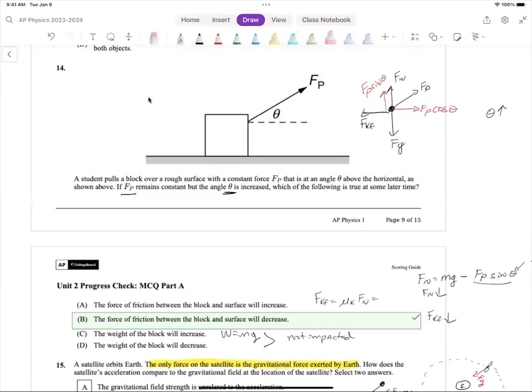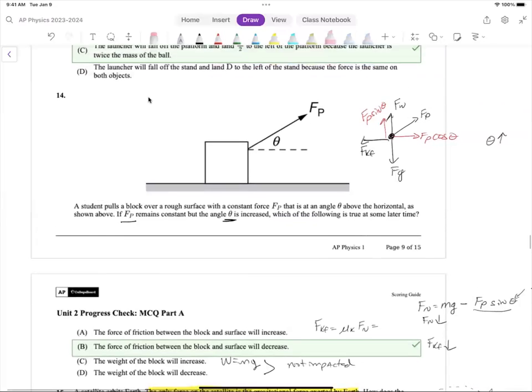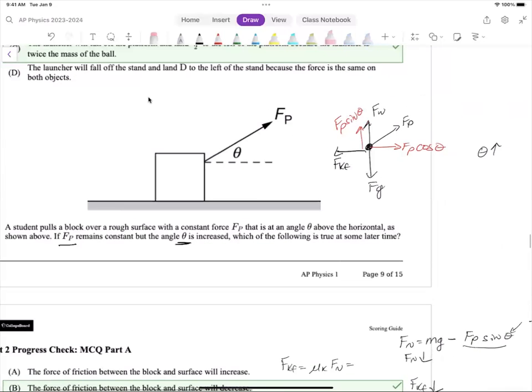Number 14, I got a block. It's on a rough surface. I'm pulling with a constant force FP at an angle theta above the horizontal, as shown. If the force P is constant, but I start to increase theta, what is true sometime later? Now you have to draw a free body diagram, and you must break up those forces.